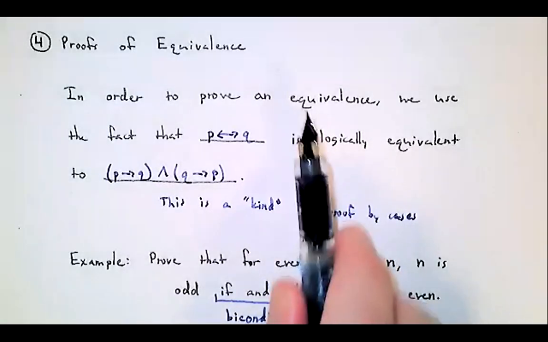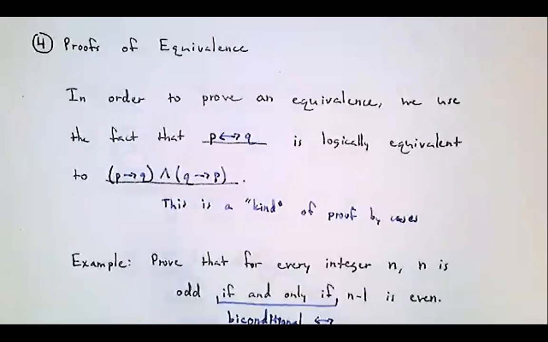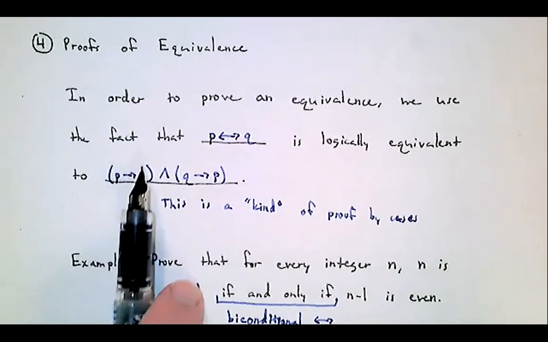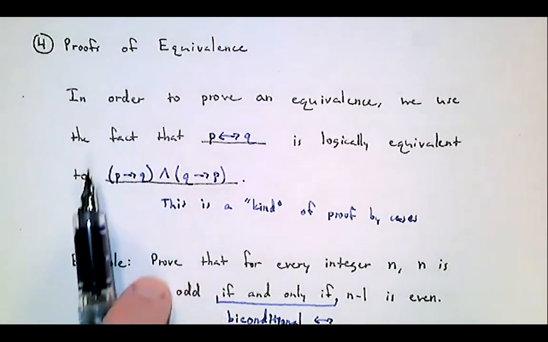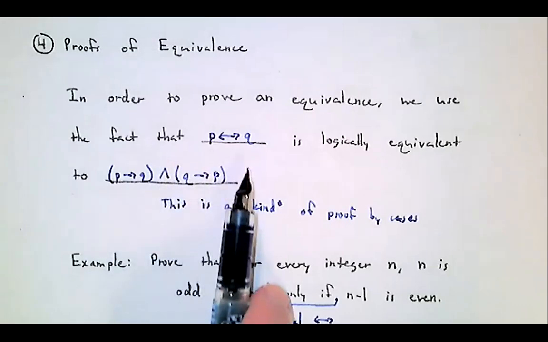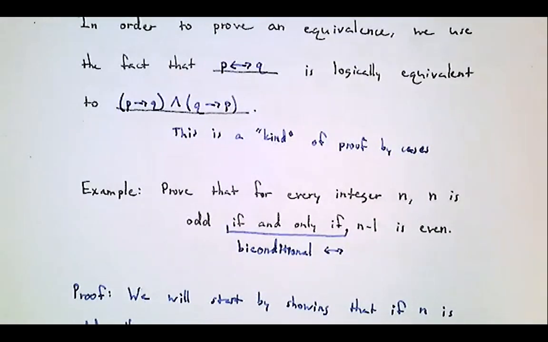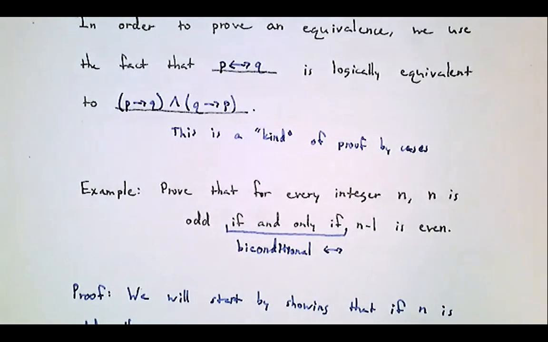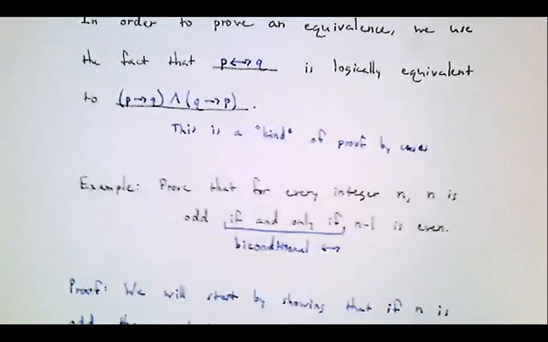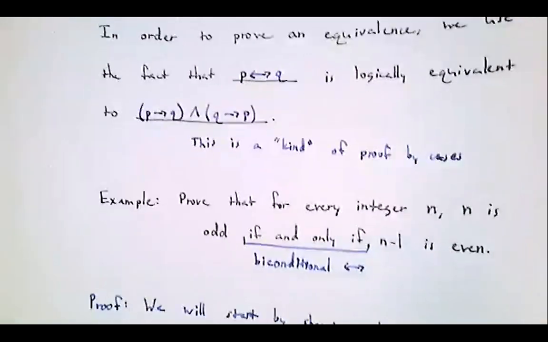So for proofs of equivalence, your proofs will naturally be broken into two pieces. You'll first prove this part, and then you'll prove the next part. And that's what we saw in our example last time about odd and even numbers.